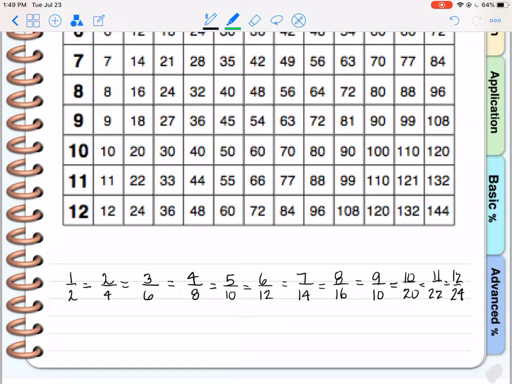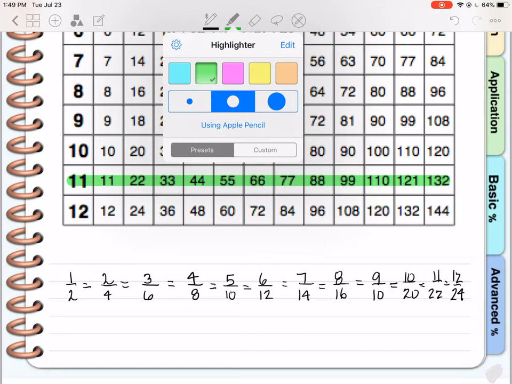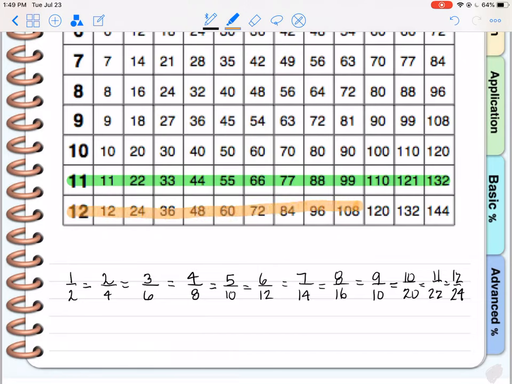So I'm going to use this row as my top number and this row as my bottom number. Remember, ratios must always have a top and a bottom.